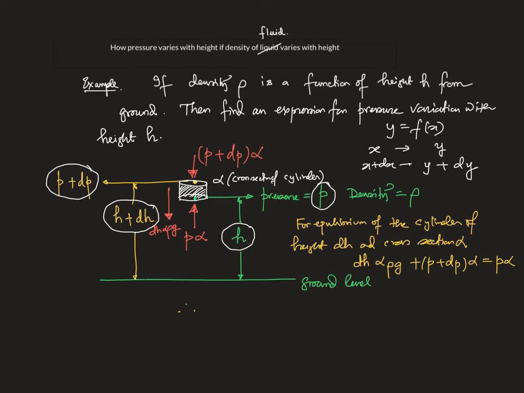Therefore we can write rho g dh is equal to minus dp. Therefore we can write dp by dh is equal to minus rho g. So this is the general expression if rho varies, if the density varies.